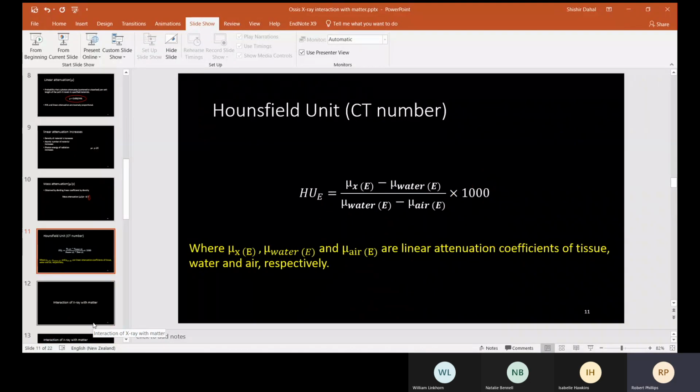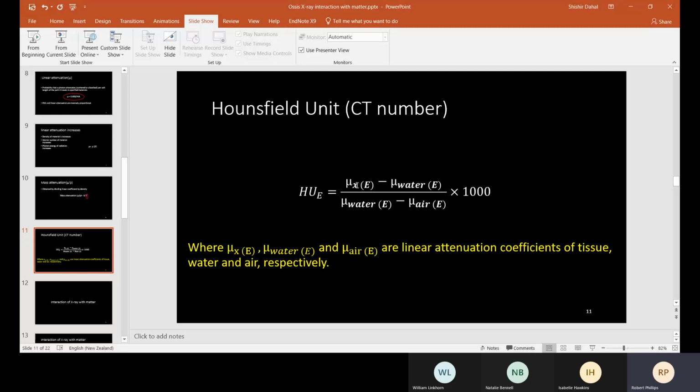Now we can calculate half value layer, linear attenuation, mass attenuation, and what about Hounsfield unit? Hounsfield unit can be calculated if we know the linear attenuation of that particular matter. For example, an OSIS implant. If we know the linear attenuation of the OSIS implant, water and air.